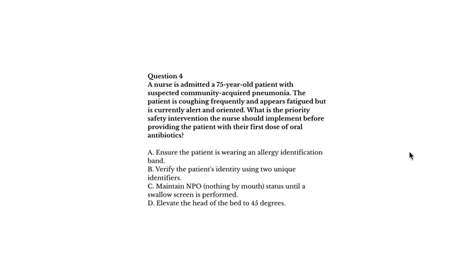The word safety intervention. It didn't just say what is the priority intervention. It's asking what is the safety priority intervention. So in that case, it's still going to be NPO, because we don't want aspiration pneumonia. Okay, so letter C is the correct answer here.